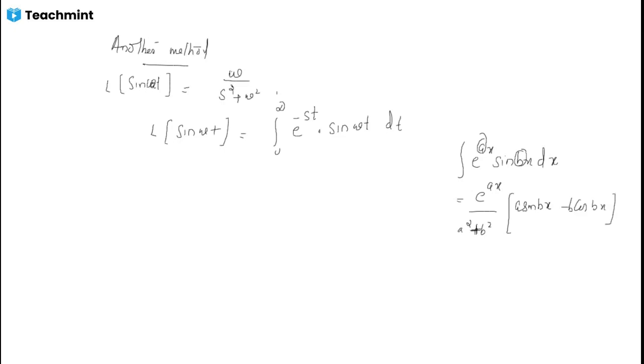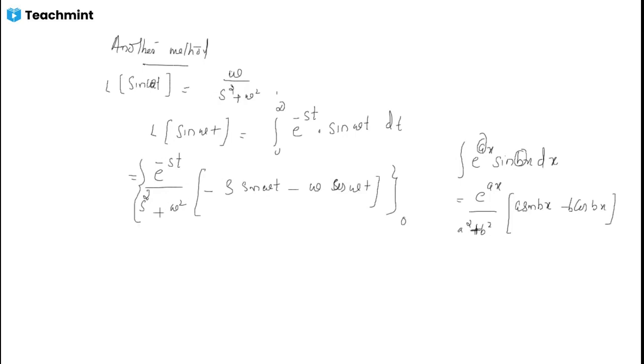Here we can use this one: e raised to minus st by the coefficient squared plus omega square, into minus s sin omega t minus omega cos omega t. In the place of a is minus s, in the place of b is omega. The limit is 0 to infinity.